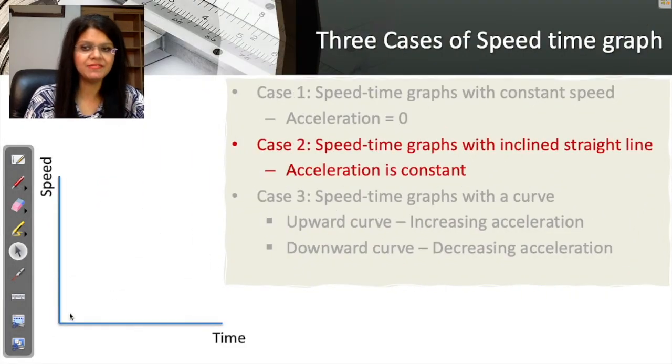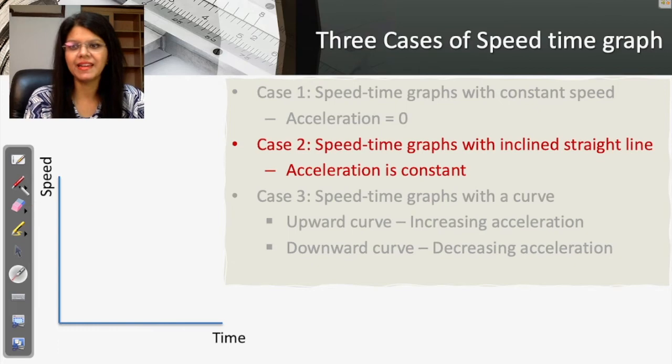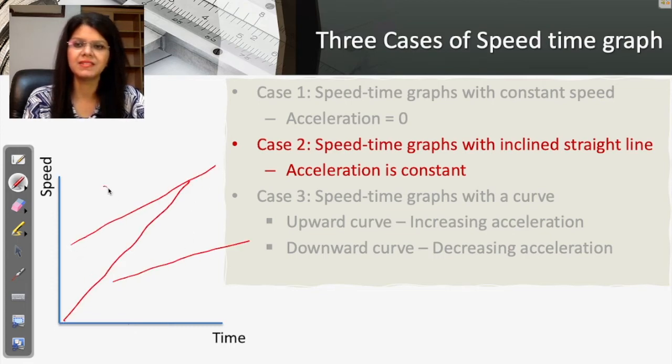Let us understand the second case now: the speed time graph with an inclined straight line. If your speed time graph comes out something like this, or like this, or like this, there are so many ways possible.